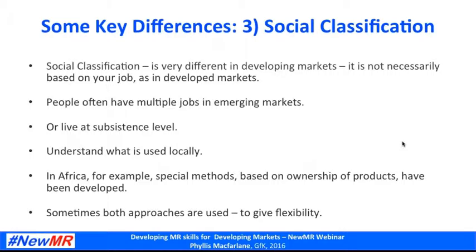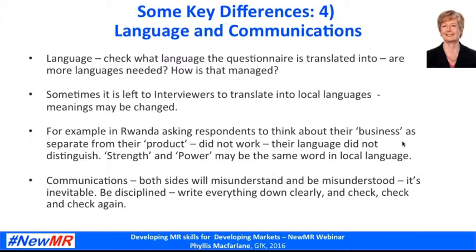You need to understand what the industry uses locally. In Africa, for example, special methods called LSMs, or lifestyle measures, based on the ownership of products have been developed. And often it's useful to have both in the questionnaire, so that you have the analysis flexibility for both local clients and to add to other international jobs.